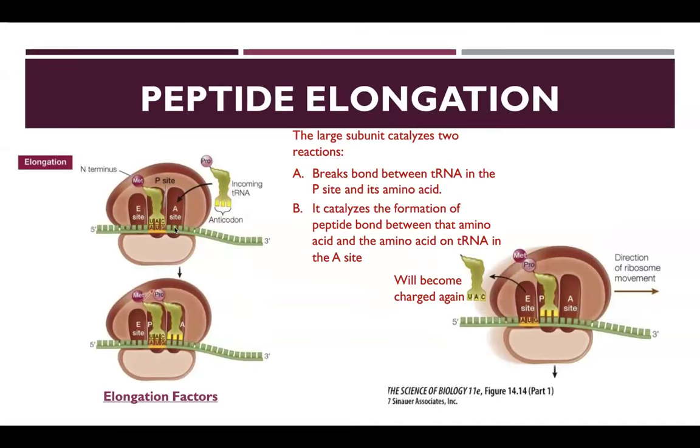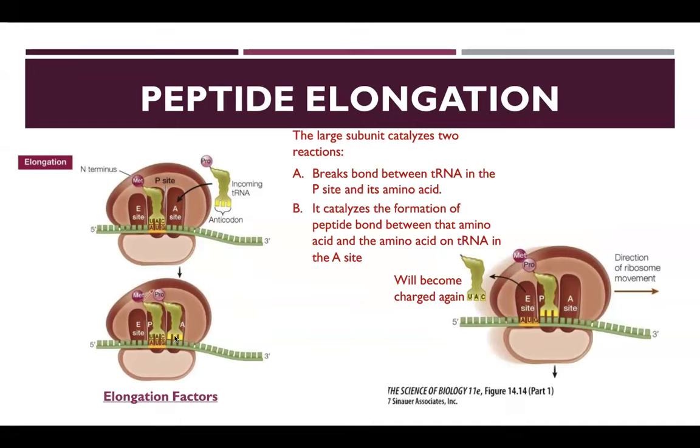So now is elongation. The A site reads the next three codons. tRNA is incoming with the proper anticodons for these three and the proper amino acid. So the large subunit then catalyzes two reactions. As you see here, the incoming tRNA is brought in.